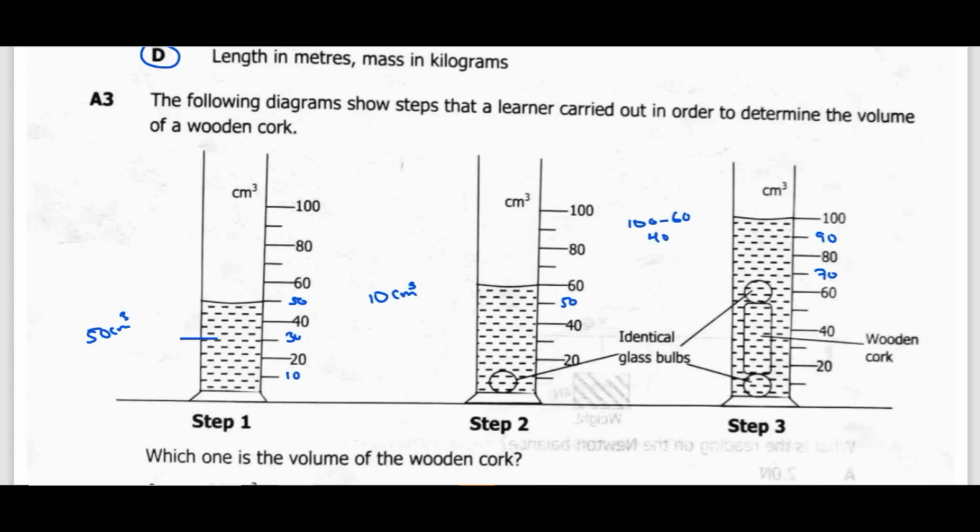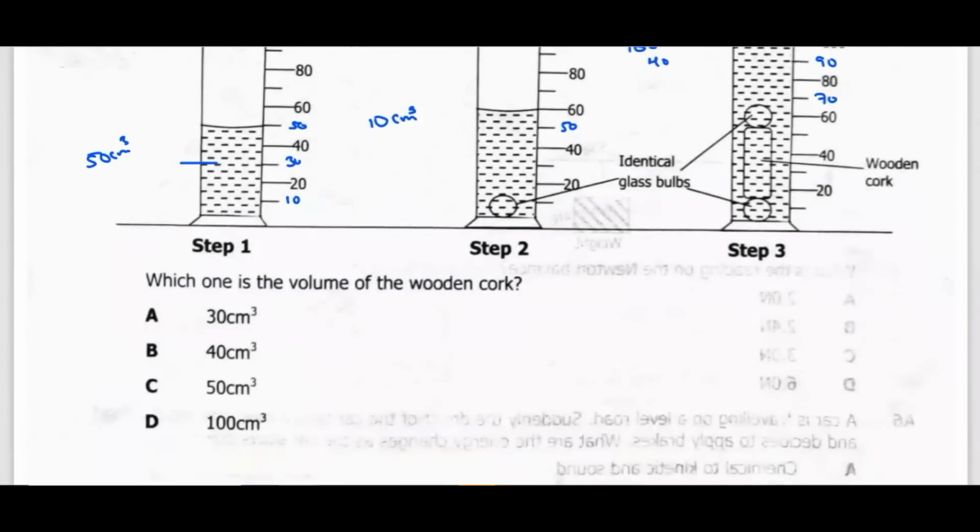So now let us go and see the question. Which one is the volume of the wooden cork? This is the wooden cork. This is what we want, the volume for the wooden cork. So remember, this glass bulb has a volume of 10.